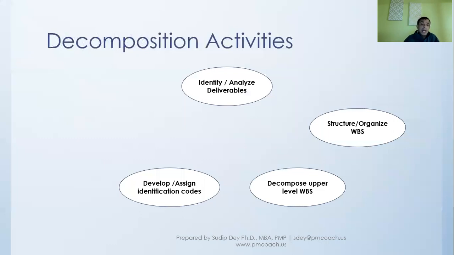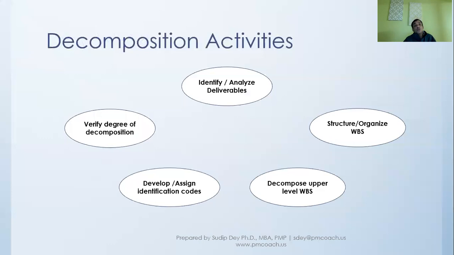After we do that, we want to ensure that we have been decomposing till the last level, so we want to verify the degree of decomposition. What we don't want is to decompose too much, or to decompose too little.